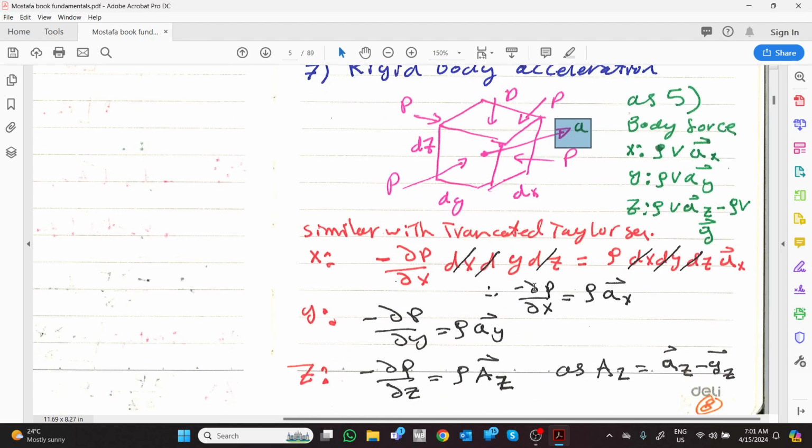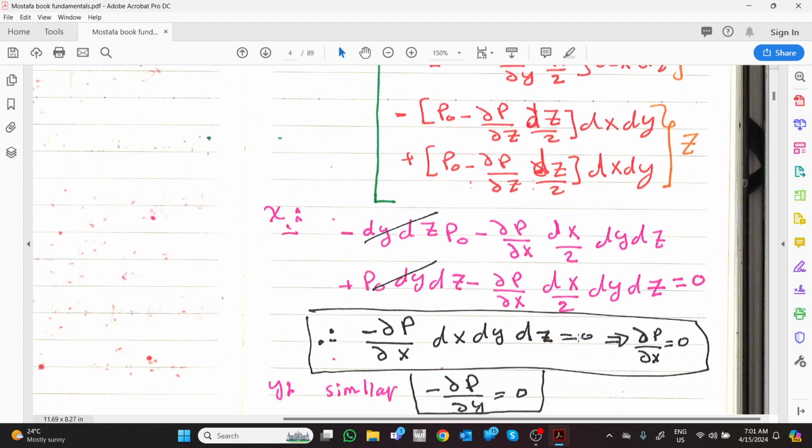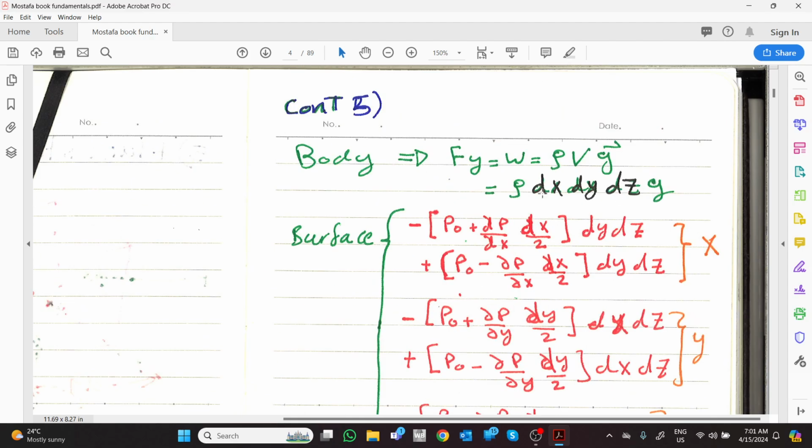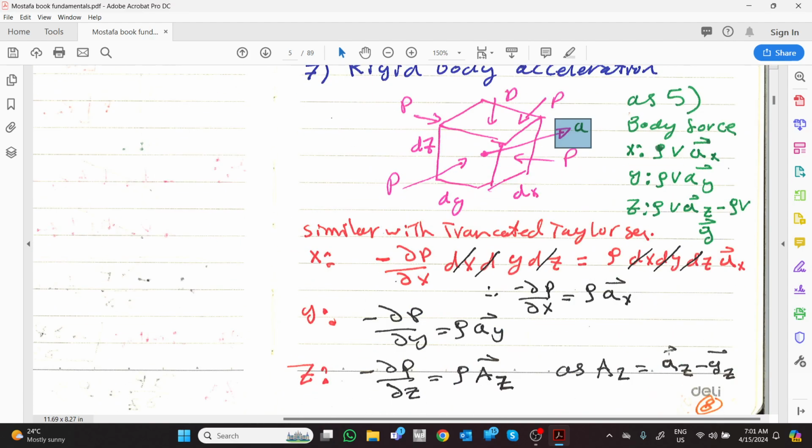But for example, here we said delta Vy is equal to 0; no, it is equal to rho dx dy dz, the volume, multiplied by the acceleration in the x direction, the acceleration in the y direction, and the acceleration in the z direction. So we write it like this, where dx dy dz cancels, as we discussed before, and the same for the others.